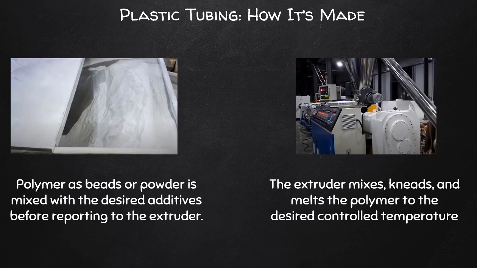I would mix them with any additives like colorants or antioxidants or flame retardants before this mixture is hopped into an extruder. The extruder has many heaters running along its side, as well as a very large screw in the middle that both presses and pulls on the melt internally.